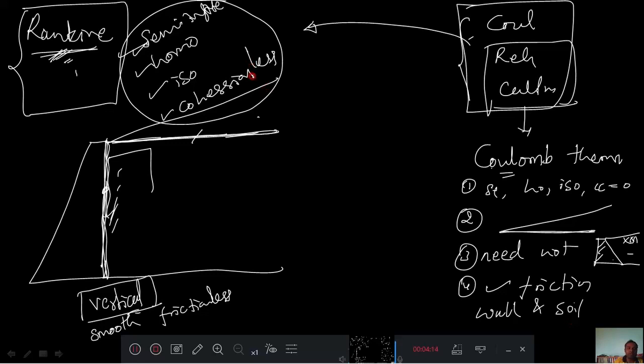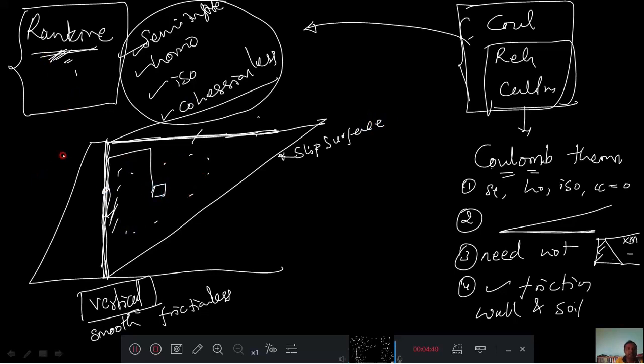And a very important concept included by Coulomb is this. Rankine said that if this is a failure wedge, with a slip surface, then he considered a small element inside the failure wedge and dealt with the concept. We assumed a small element like this, and got a vertical stress, horizontal stress.